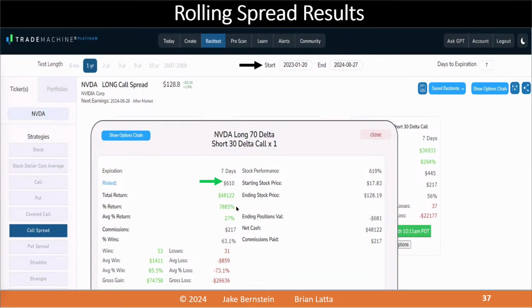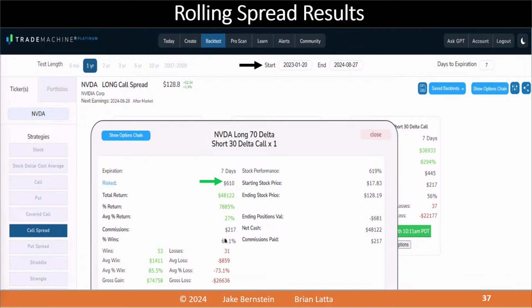On the next screen, real quickly, as an option trading specialist in stocks and retail currencies, I wanted to plot the back testing results, or at least if you were running this forward, with January 20th, 2023 as the start date on that trigger. Buying 70 delta, selling 30 delta call debit spreads, risking $610, it was up $7,885 to the current day, because I ran that just to the 27th, which was 2 days ago.